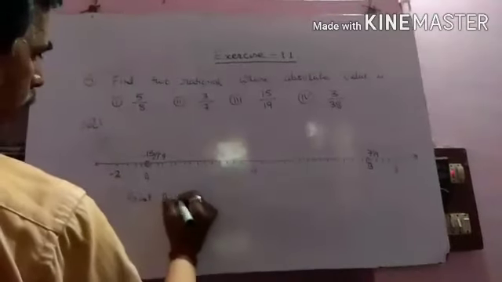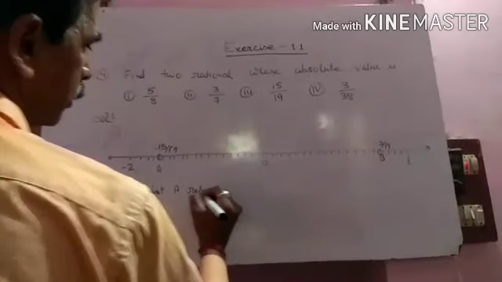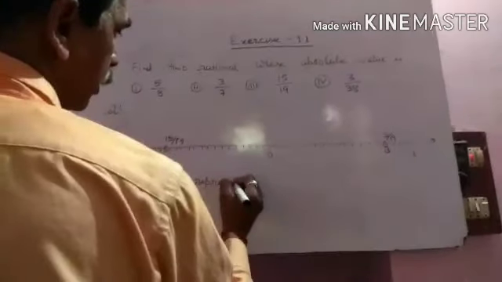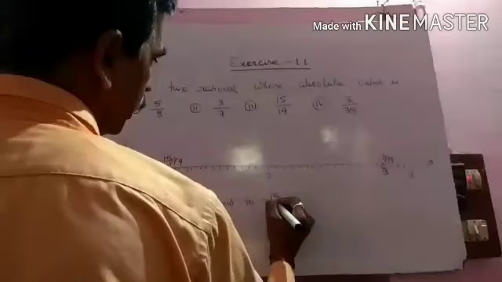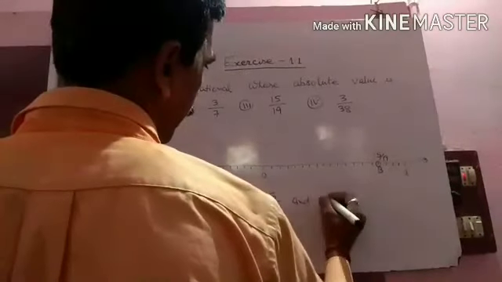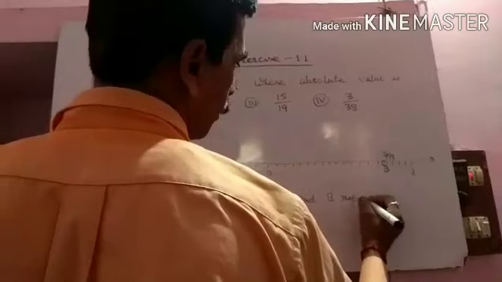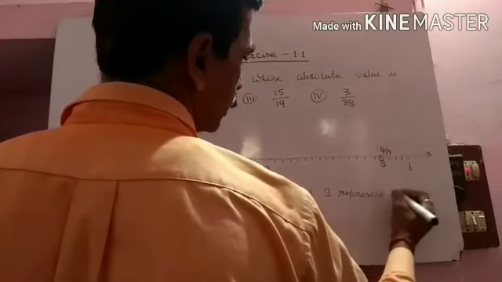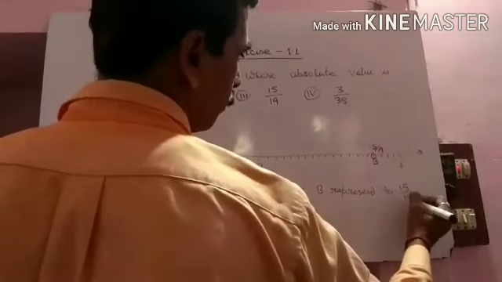Point A represents minus 15 by 19 and B represents 15 by 19.